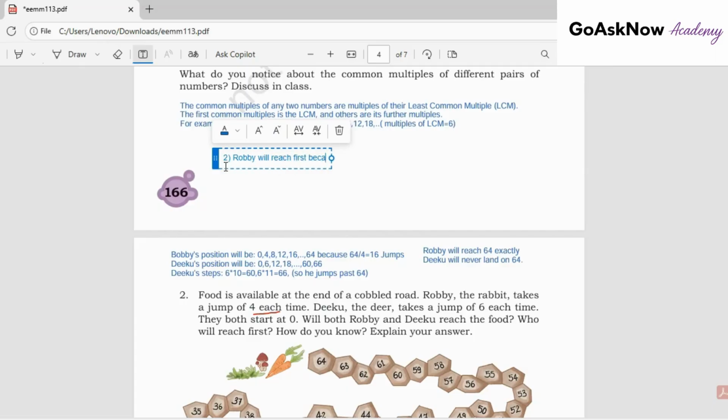because 64 is divisible by 4, which is 16 into 4 is equal to 64.